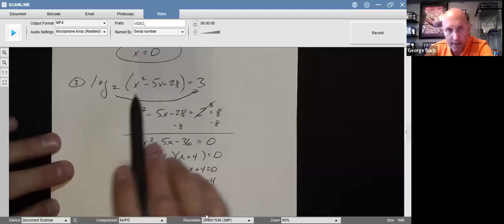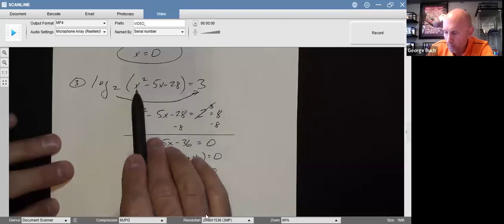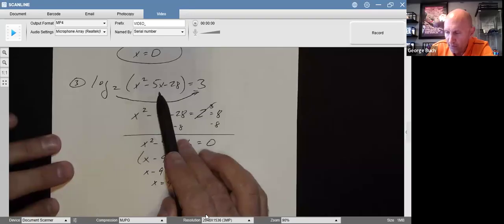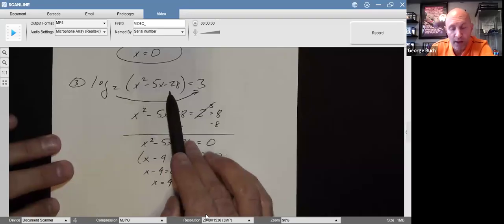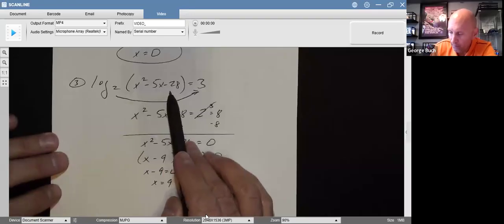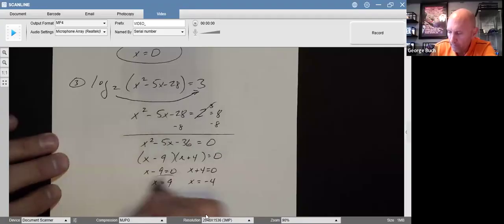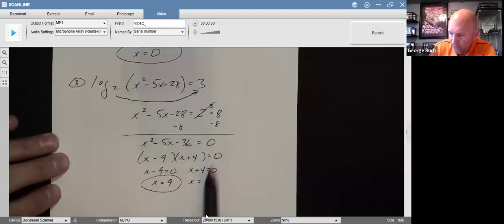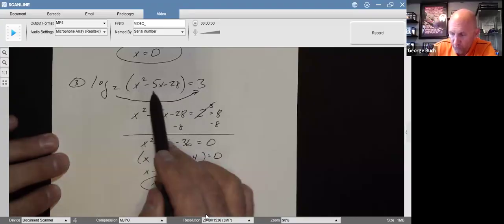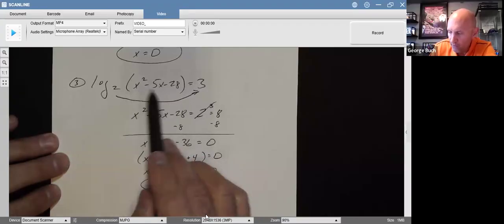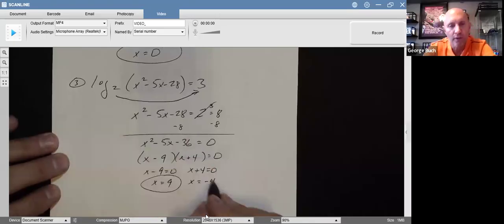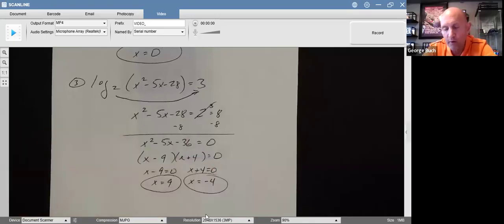If I plug in 9, I get 81 minus 45 minus 28, which is positive, so that one's fine. If I plug in negative 4, I get positive 16 plus 20, which is 36, minus 28 is also positive. So in this case, both answers are acceptable. X equals 9, x equals negative 4.